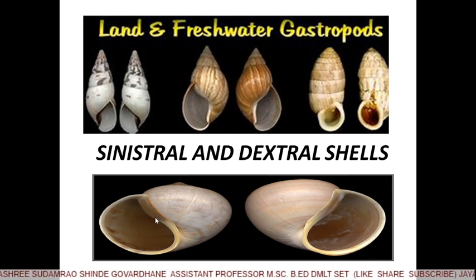This is a sinistral or left-handed shell and it is abnormal. This is an abnormal hereditary trait which is transmitted from one generation to the other, like eye color or hair color in human beings. Dextral, that is right-handedness in Pila, is dominant over sinistral, that is left-handedness.